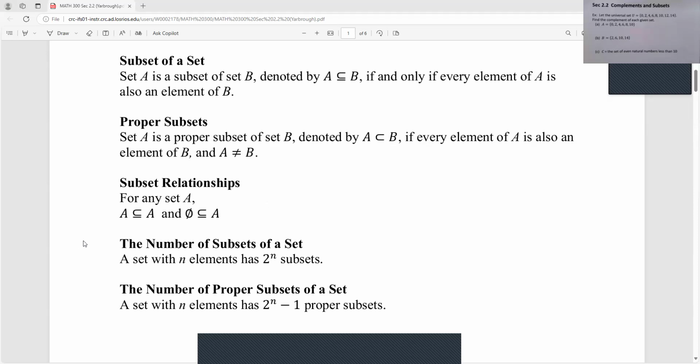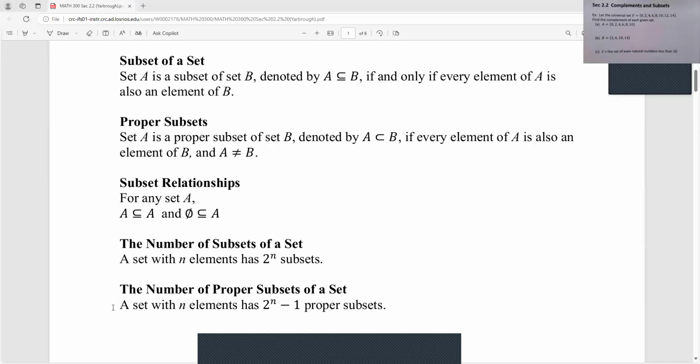I want to highlight this definition right here. It says a set with n elements has 2 to the power of n subsets.